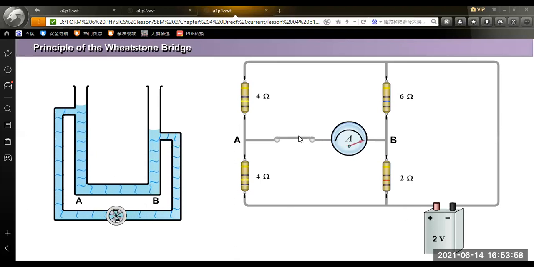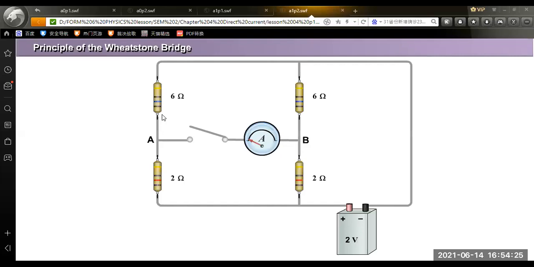What happens once I connect the switch? We notice that the ammeter reading is maximum. This means that the current flows from point A to point B. Now, if this one is 6 ohm, 2 ohm, 6 ohm, 2 ohm, what will happen if I connect the switch?